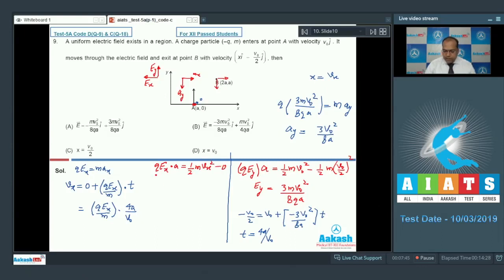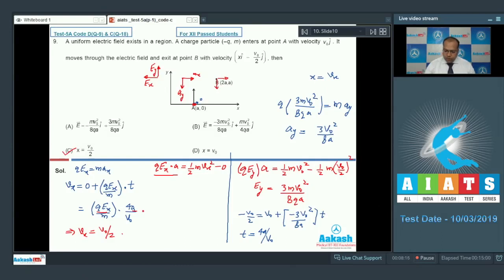So q into Ex into a is equal to half m Vx square. On substituting this and solving, we get the value of Vx is equal to v naught by 2. So option C is correct and D is wrong.